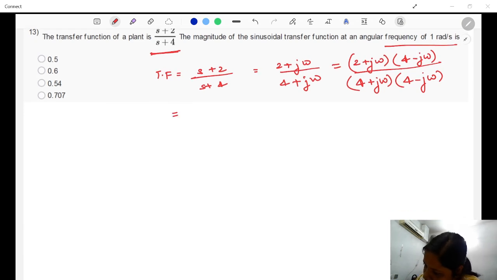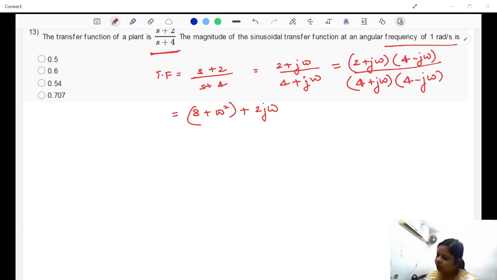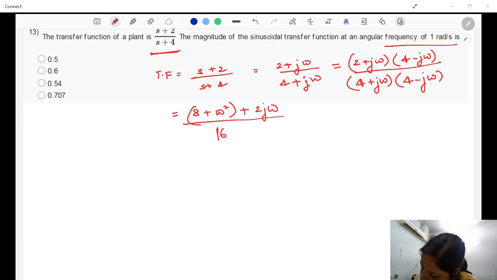Now, it would be 8 plus omega square plus 2j omega. Please check. This should be correct. I hope everyone agrees. Divided by 16 plus omega square.